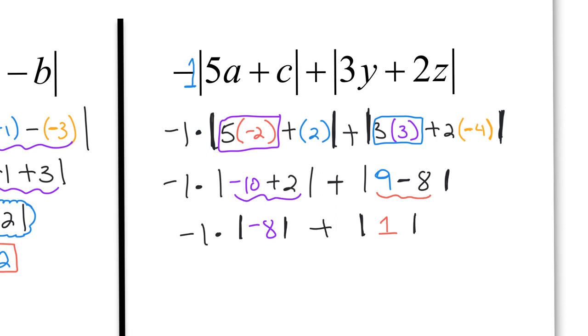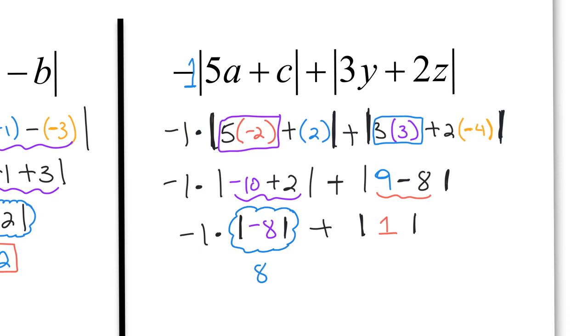We're not done. We have to find the absolute value. Now, another common mistake that students do is if you look at the negative 1 times absolute value negative 8, do not multiply negative 1 times negative 8 because you have to find the absolute value of this number first. So don't just say negative 1 times negative 8, oh, I'm going to put a positive 8. That's the wrong step. You have to evaluate the absolute value. So let's go ahead and find the absolute value of negative 8, which is positive 8.